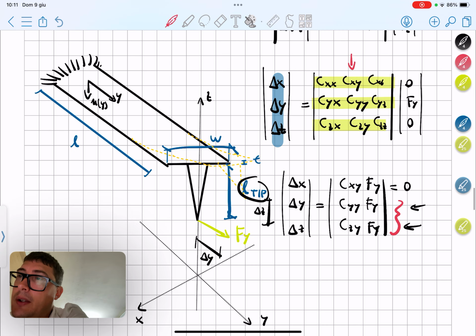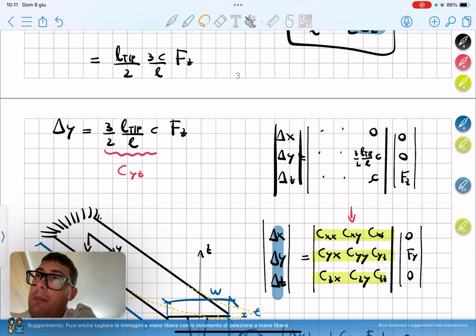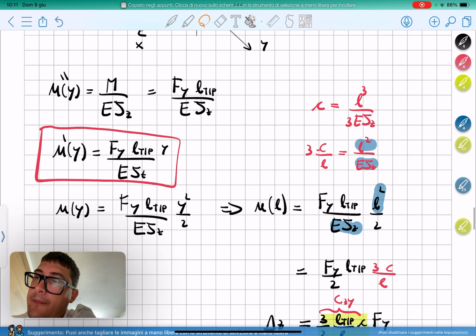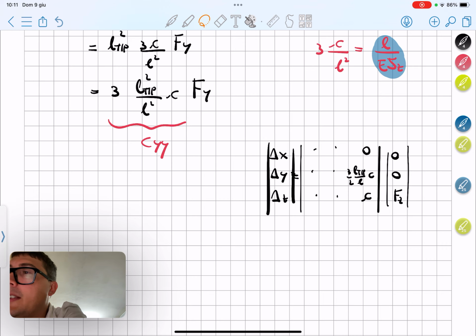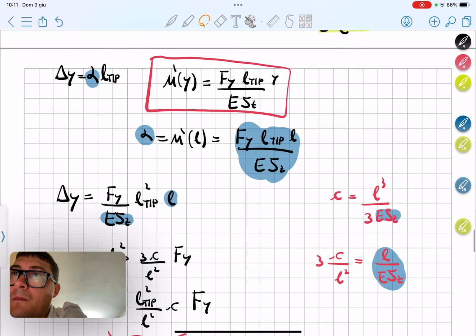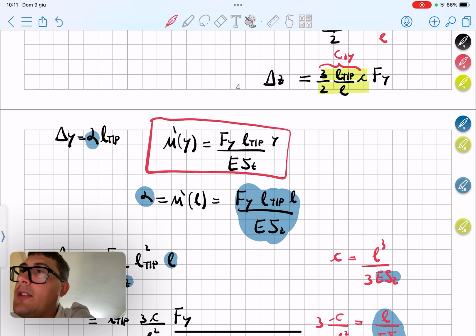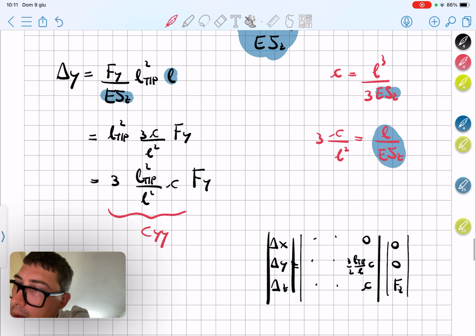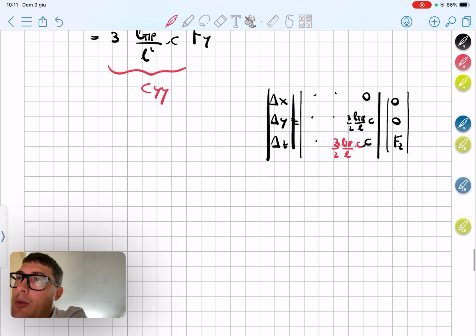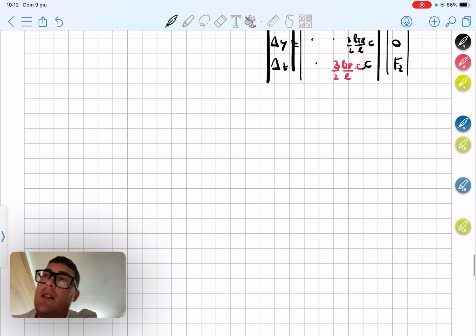Okay, so now, as we did earlier, we compose a little bit more this matrix, because we have discovered more quantities. So first of all, we notice that CZY is equivalent to CYZ. So again it is 3 over 2 L of the tip over L times C. Or maybe it's convenient to make it a little bit bigger.